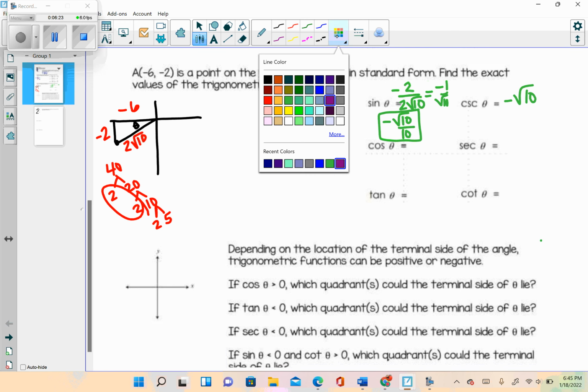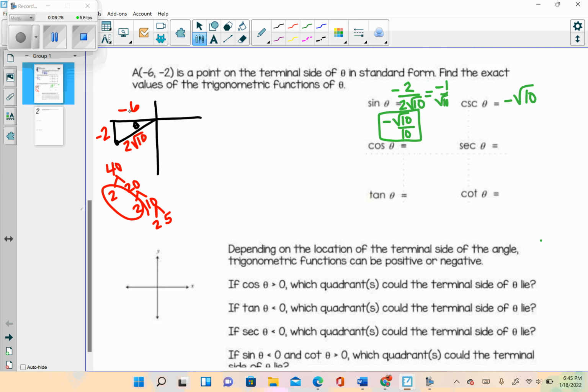Cosine. Cosine is adjacent over hypotenuse. So it starts with -6 over 2 square roots of 10. 2 goes into -6 -3 times, so -3 over the square root of 10. Rationalize it. -3 radical 10 over 10.